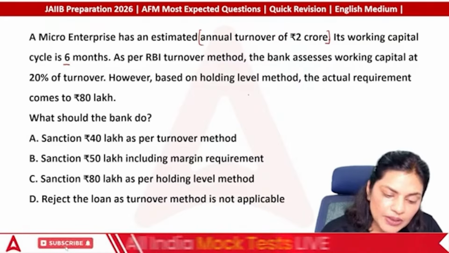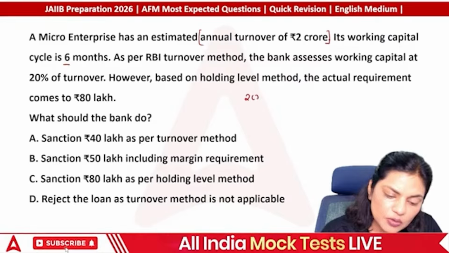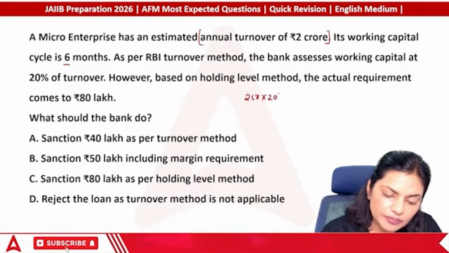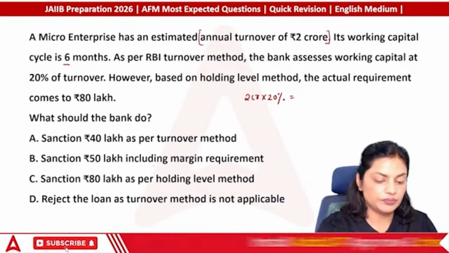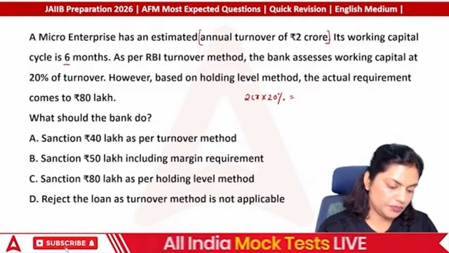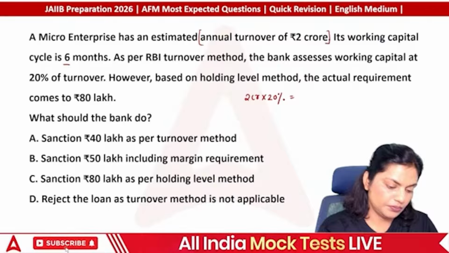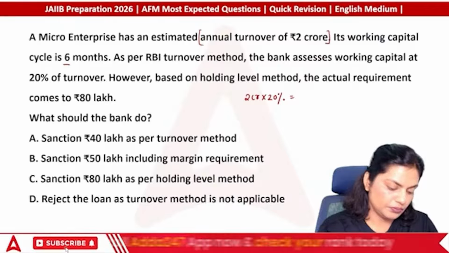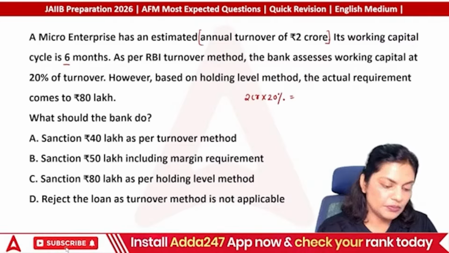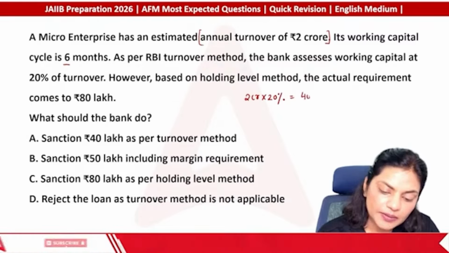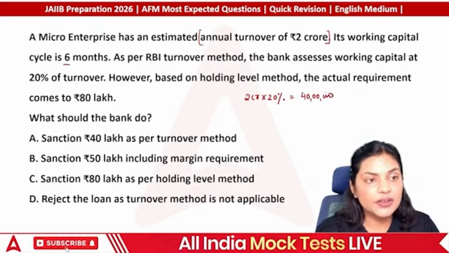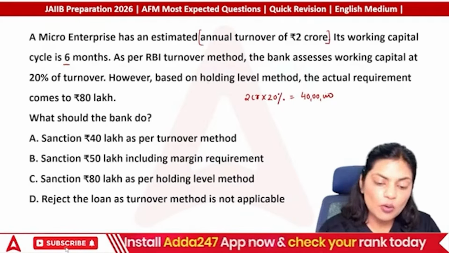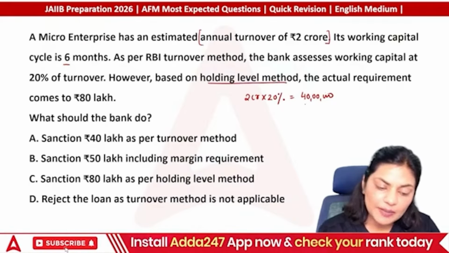Now see, if I calculate 2 crore 20%, how much would it be? That would come to 40 lakh, correct? But the actual requirement, if we follow the holding level method, is coming to 80 lakh.